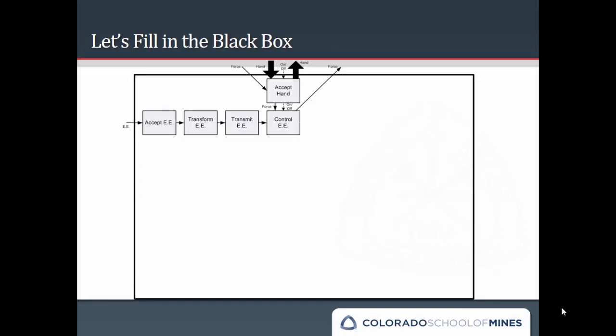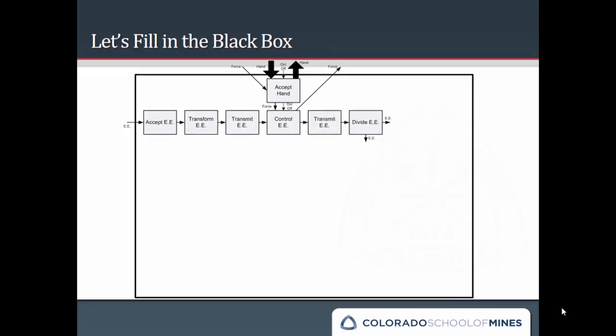All right, so being able to control the electrical energy, basically turning it on and off, I need to have a hand that does that for me. So I have a separate input where my hand goes into the system. The system accepts the hand, and then it gives the hand back, so it gets returned to the owner.